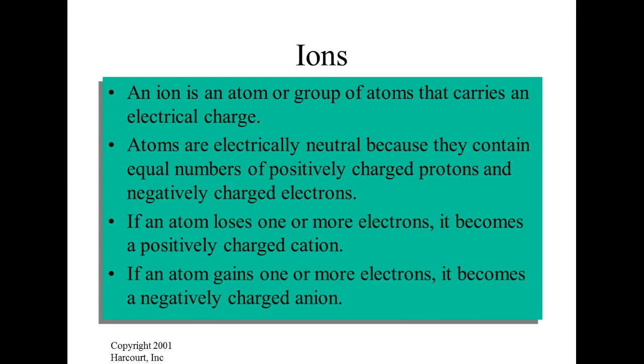Elements on the left side are losers, and when they do that they become positive ions, which are called cations. Elements on the right-hand side of the periodic table like to gain electrons, and when they do, they become negative ions, which are called anions. So positive ions are called cations, and negative ions are called anions.